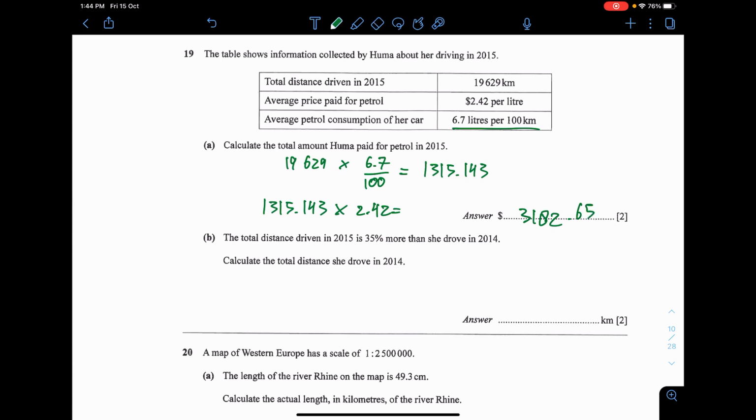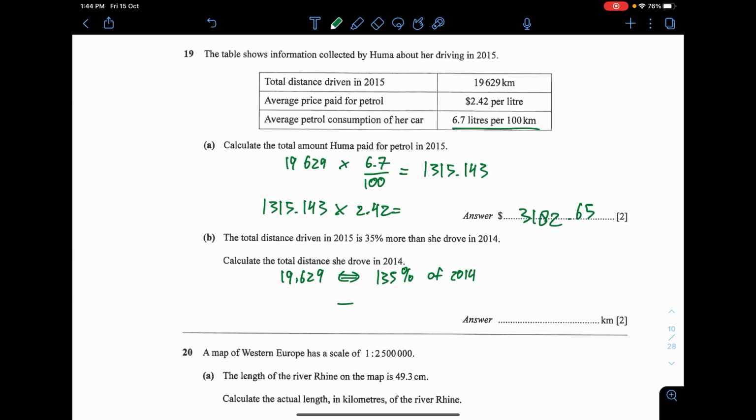Total distance traveled. The total distance traveled in 2015 is 35% more than what she drove in 2014. So meaning 19,629 is equivalent to 135% of 2014.